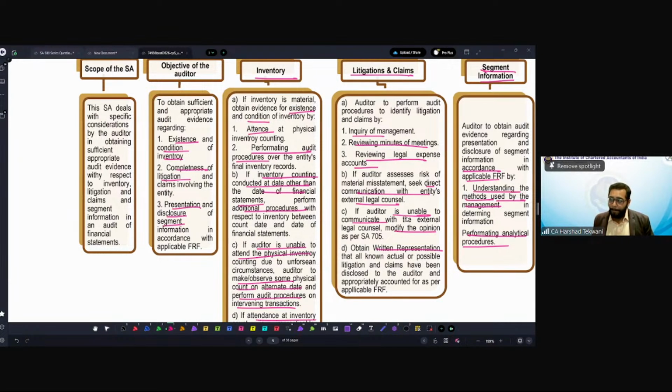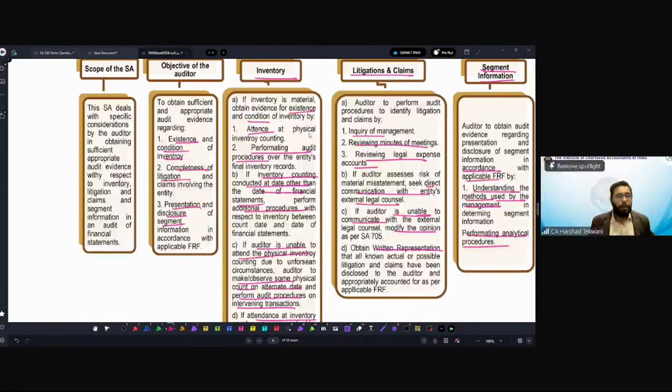You mean only information or numbers are verified, nothing related to the FRF, right? No, I'm talking about analytical procedures, because analytical procedures are more on the amounts or the analytics that you will perform on the numbers. But when you understand the presentation and disclosure, you may perform additional procedures.